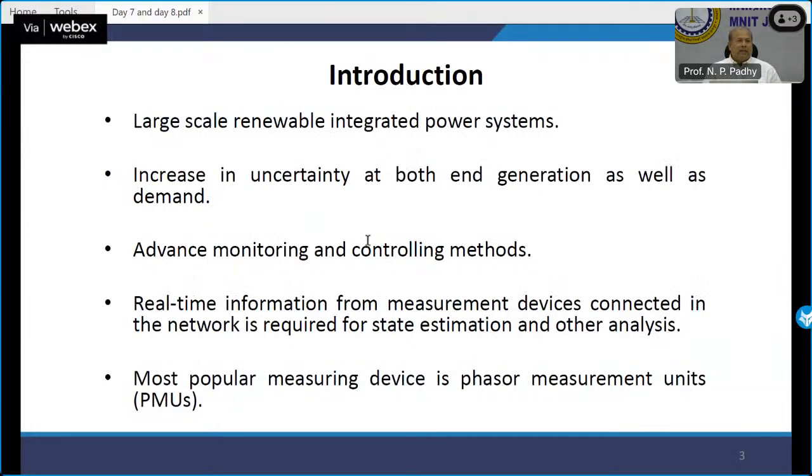A large-scale renewable integrated power system really increases the uncertainty at both the generation as well as demand. So there is a severe mismatch between these two. Advanced monitoring and controlling methods are needed. Real-time information from measurement devices connected in the network is required for state estimation and other analysis.